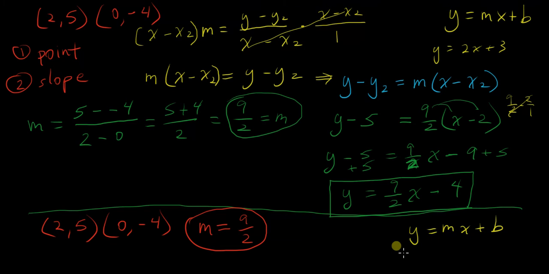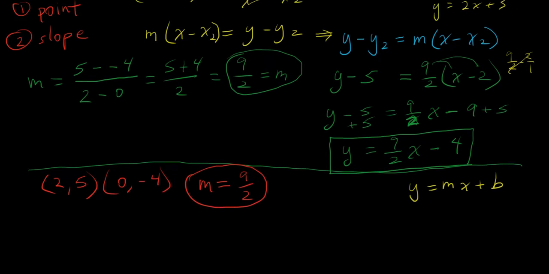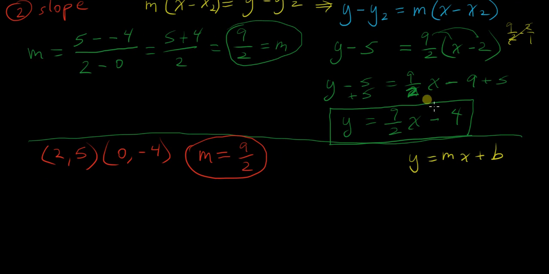So let me get a little more space here. And so what I'm going to do is write what I know m is, and here and here I'm going to plug in one of these points.